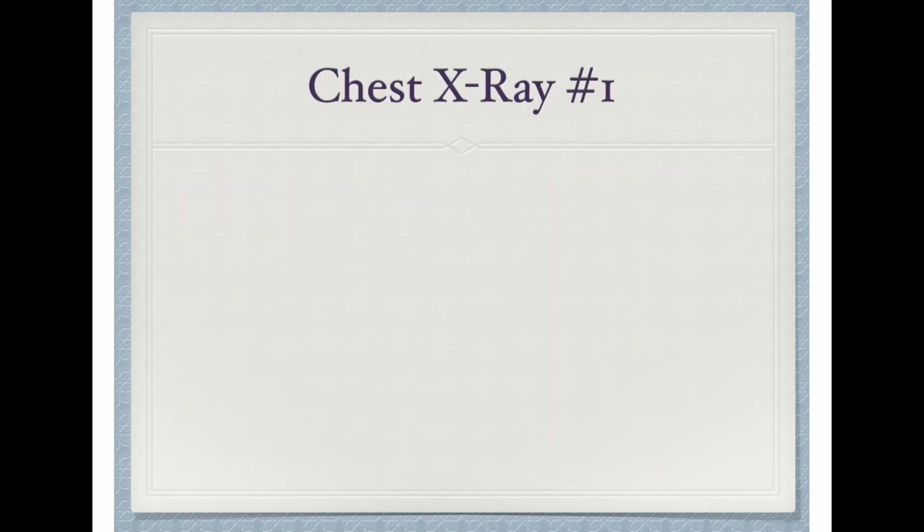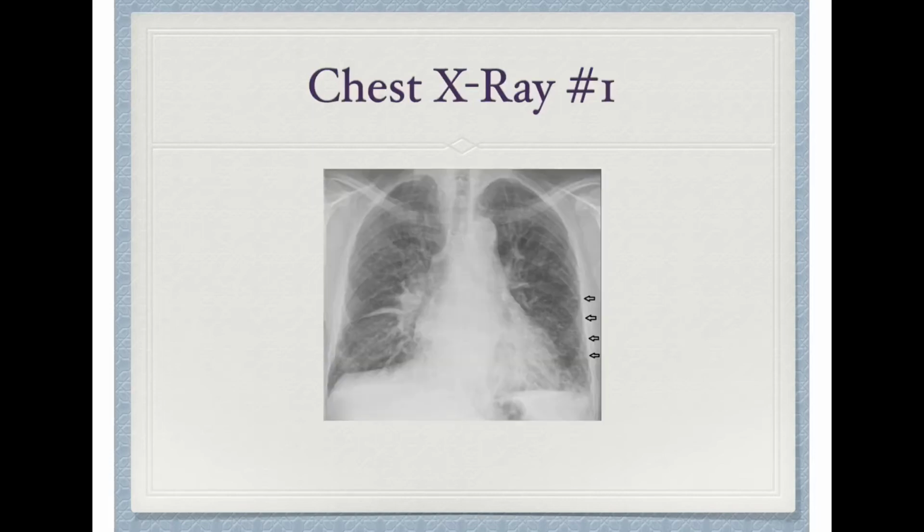Now, identifying a patient in heart failure on the basis of a chest x-ray can be very tricky, so let's look at a few images. This chest x-ray shows a patient with bilateral increases in lung interstitial markings.